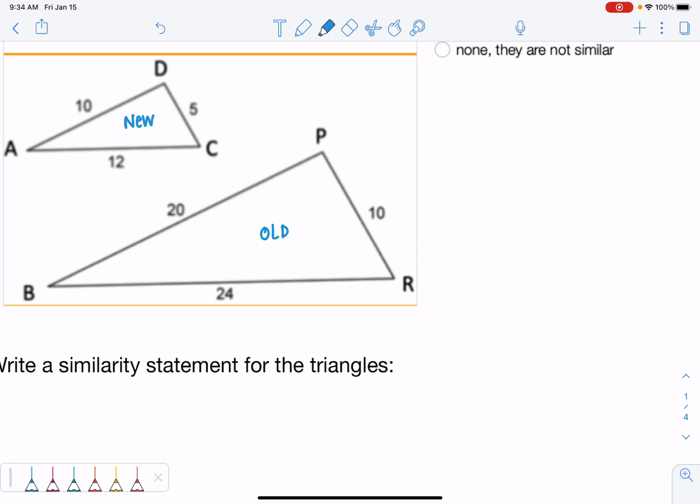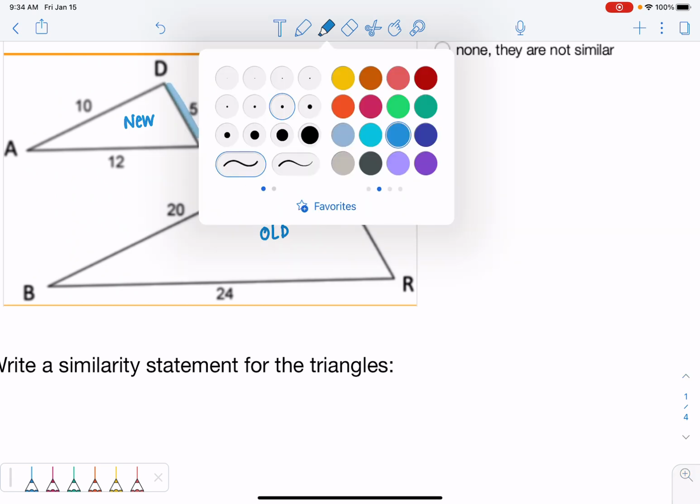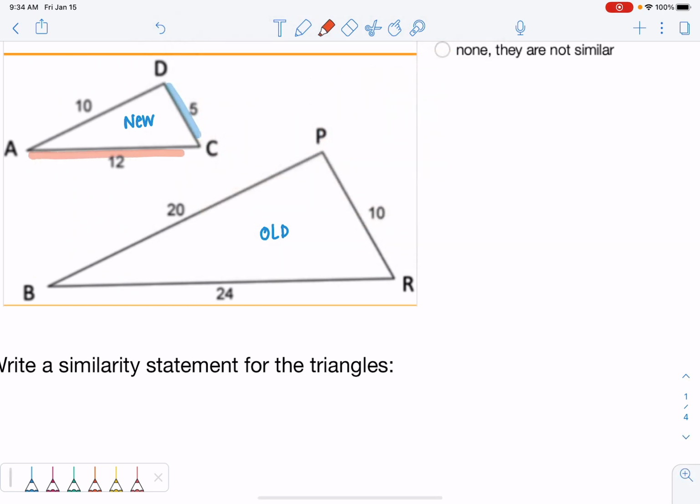I see here we have sides. So we need to check, are these sides corresponding and have the same scale factor?